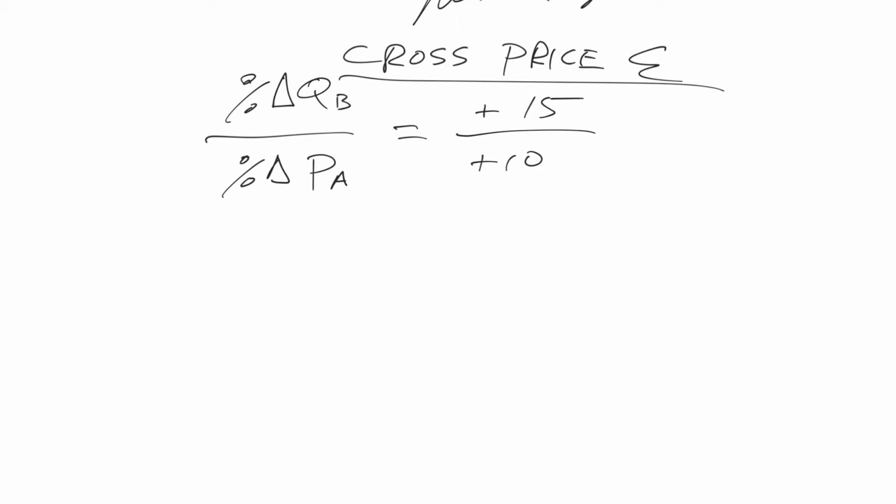Demand for good B increases 15%. So the elasticity coefficient, 15 divided by 10 equals 1.5.